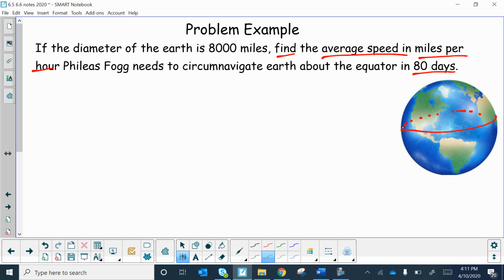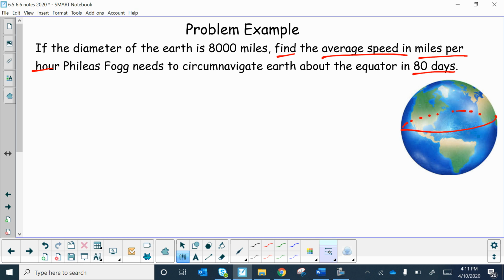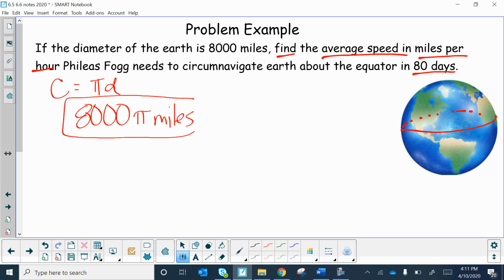So that's the biggest circle on the Earth. And so if the diameter is 8,000 miles, we're going to do circumference equals pi times diameter. So it's 8,000, which is the diameter, times pi, and this is going to be miles.